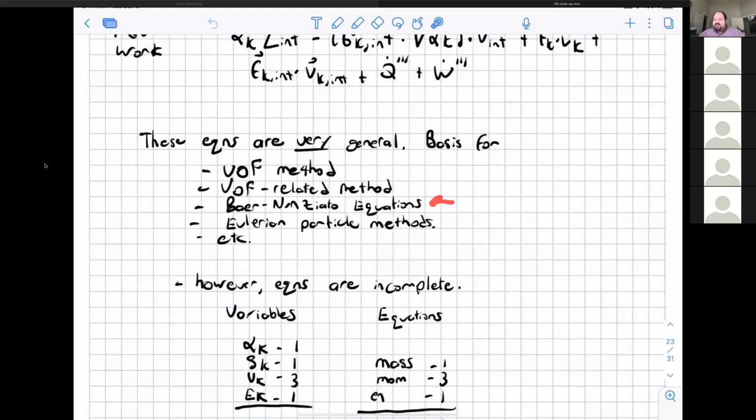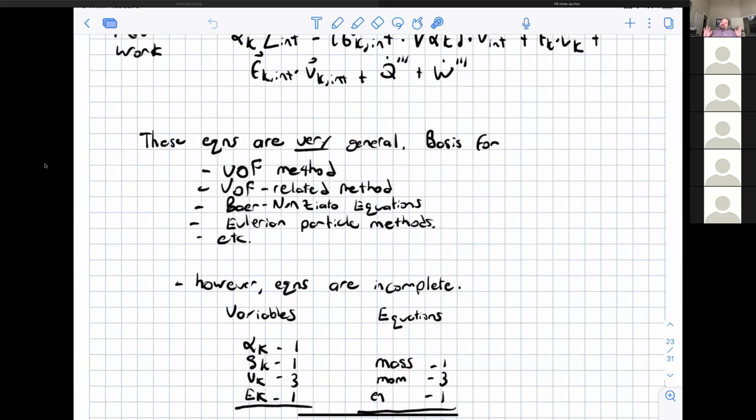They serve as the basis for the Baer-Nunziato equations, and I will discuss what those are because they're used a lot in high explosives modeling. They're grossly overused in particulate flows, so if you work in multi-phase flow and combustion, you will encounter them at some point, and then Eulerian particle methods.